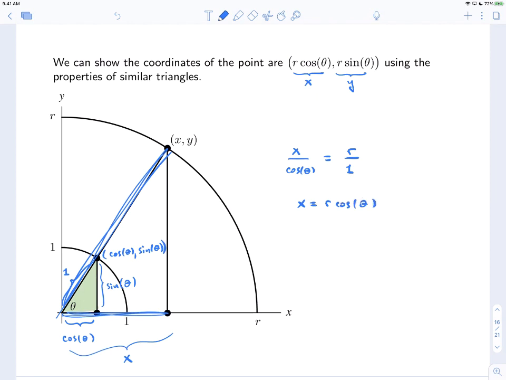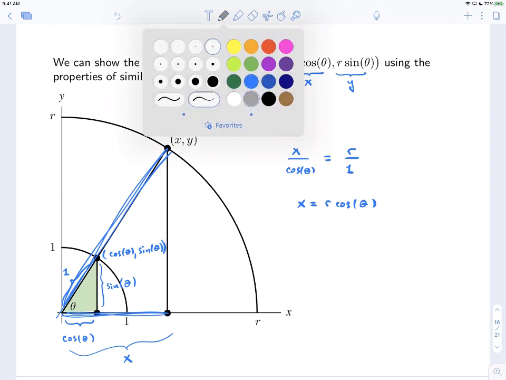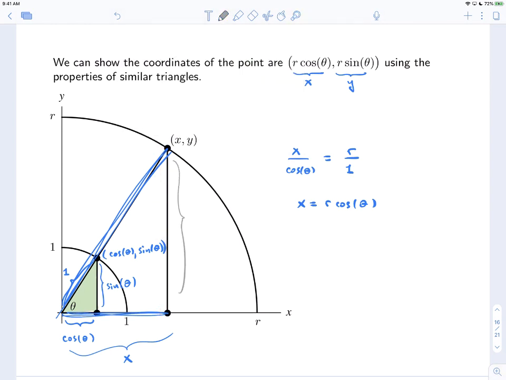And we can do the same thing to determine the value of y. The value of y is the height of this larger triangle. So we can look at the ratio of the corresponding sides. So y to sine of theta is equal to r to 1.